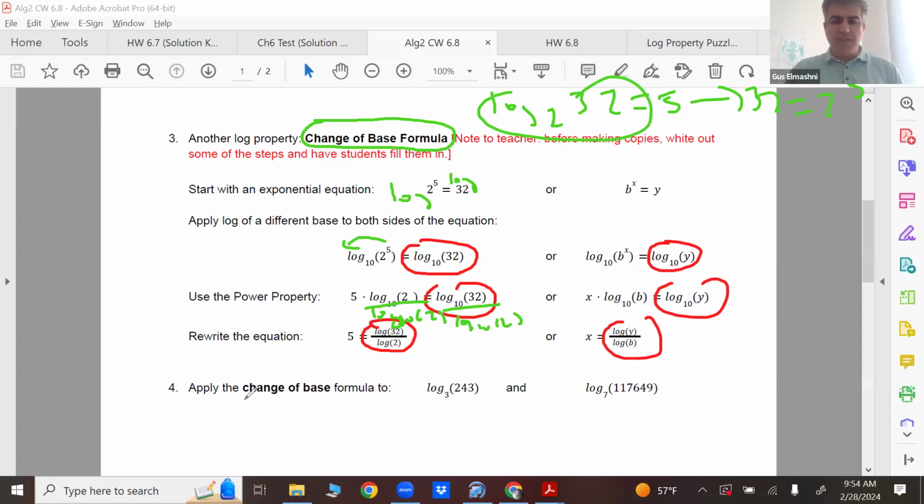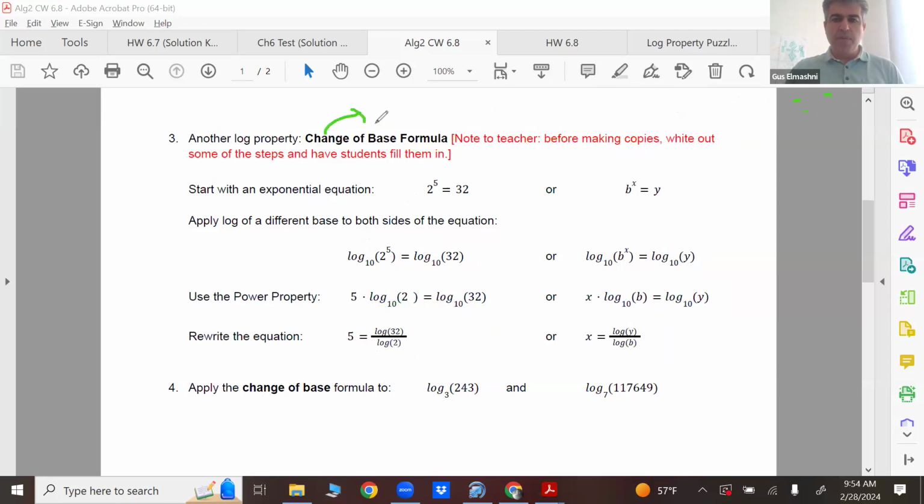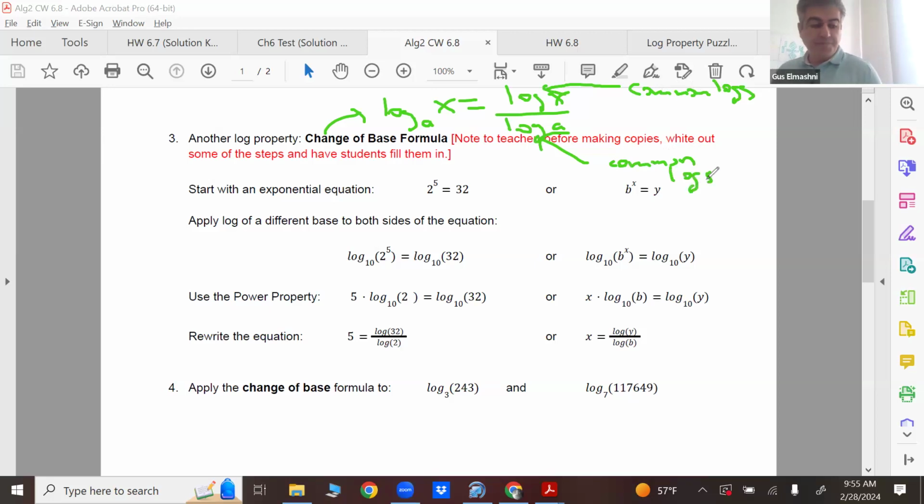So the connection here is this. The change of base formula is this: log base a of x equals log x over log a, where both these logs here are common logs.